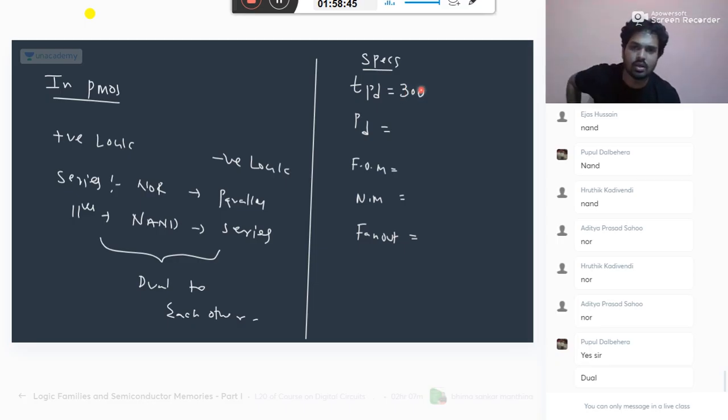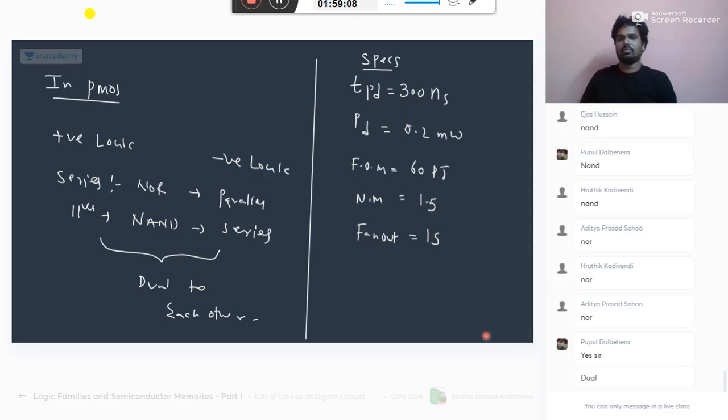This will be 300 nanoseconds, 0.2 milliwatts, approximate typical values. You need not remember them also. Noise margin will be around 1.5. Fan out will be around 50. So these are the typical specifications of the PMOS logic family.